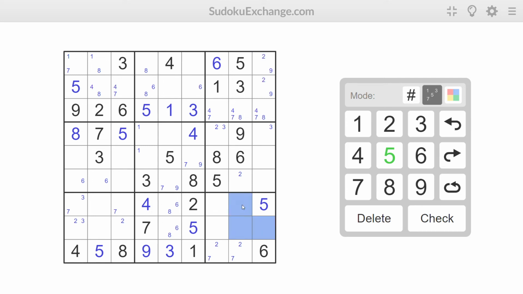These two cannot have a 9 because of this 9 here. This is reserved for pair 2 7, right? So just either of these two places can have a 9. Okay. What else?